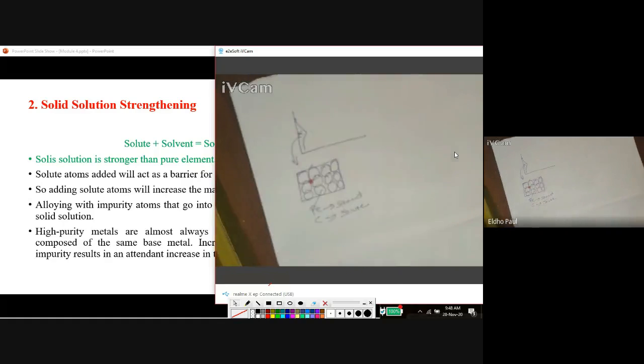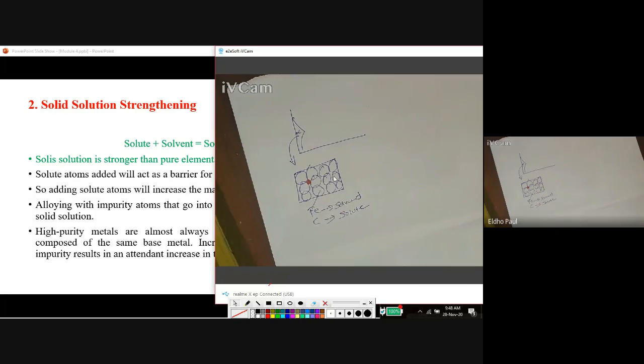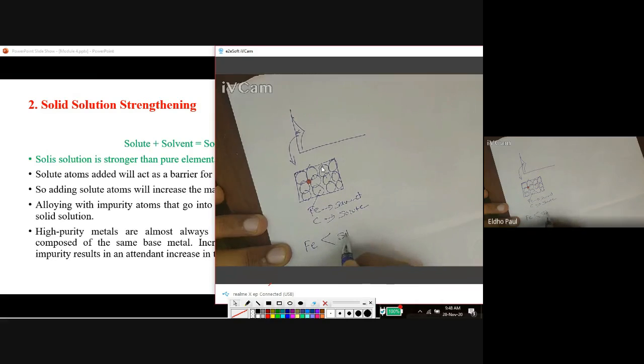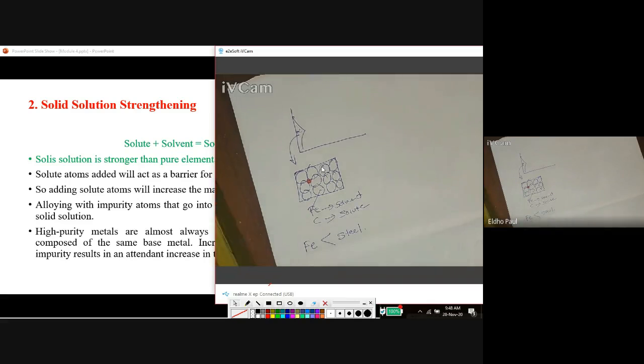Okay, this solid solutioning is also called alloying, or alloy strengthening. We add an impurity into the base metal, so that is alloying, or we can say solid solution strengthening. This alloying improves the strength. We know the strength of steel is very much higher than that of iron.